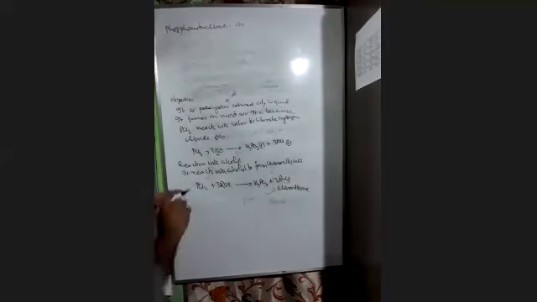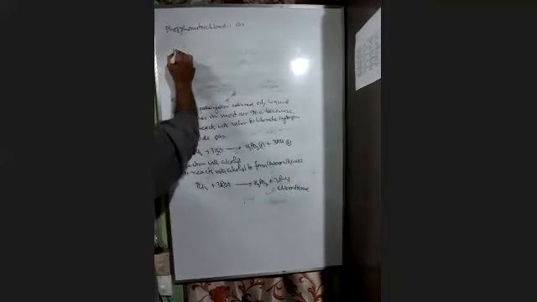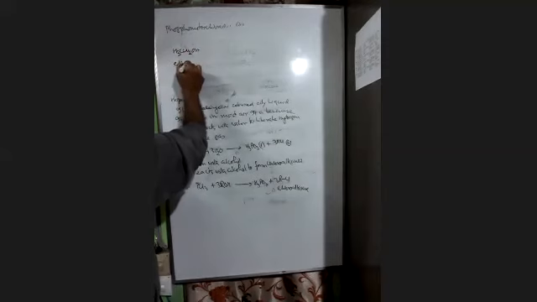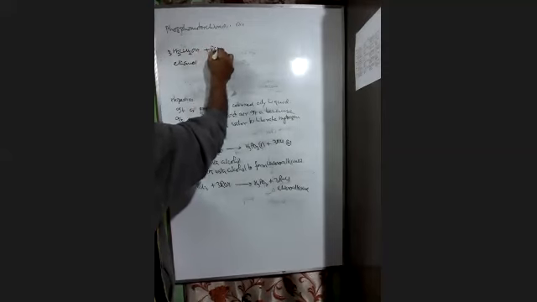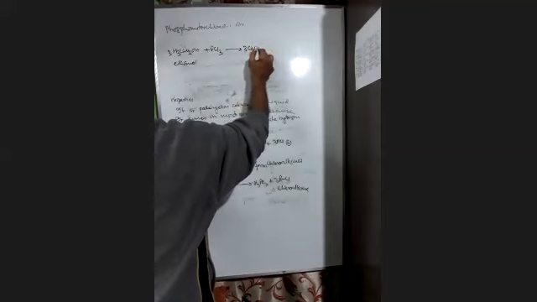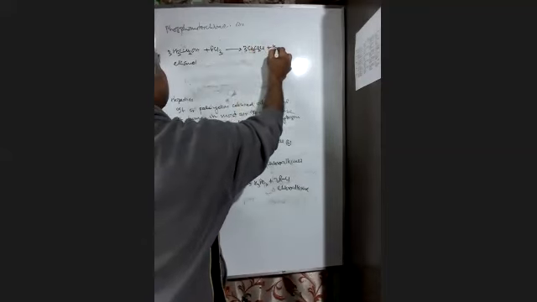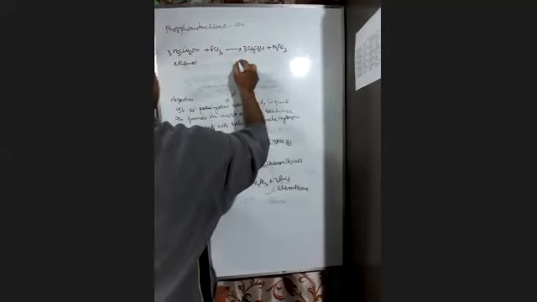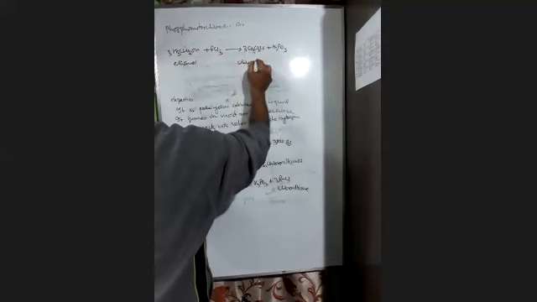Let me write one specific example, because we are not familiar with R. Suppose I have taken CH3CH2OH, ethanol. If I react with PCl3, it will give me CH3CH2Cl plus H3PO3.